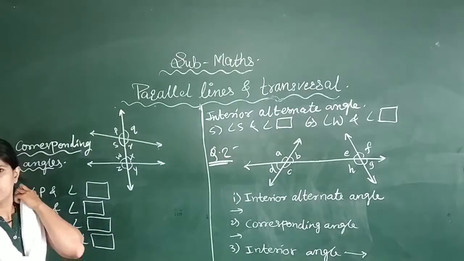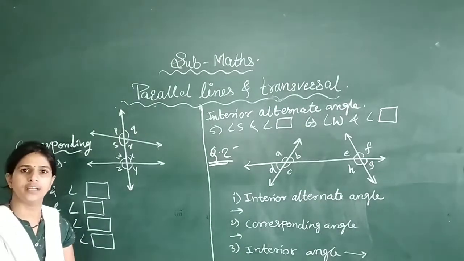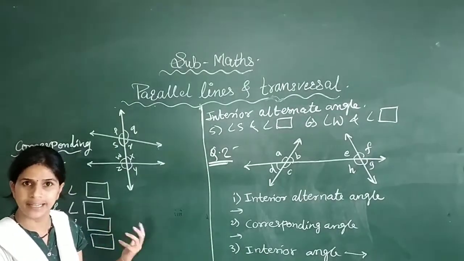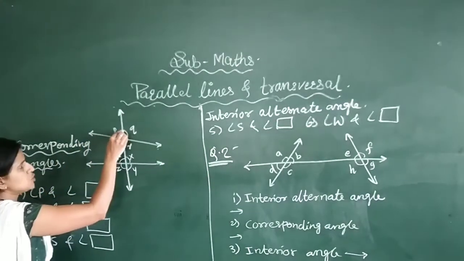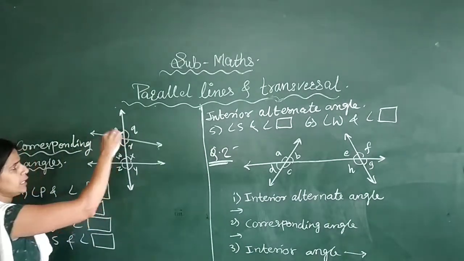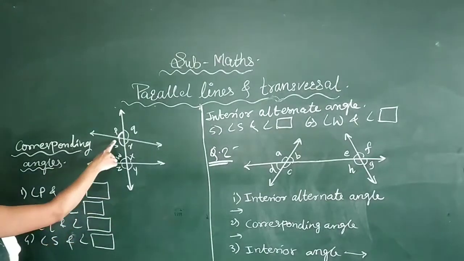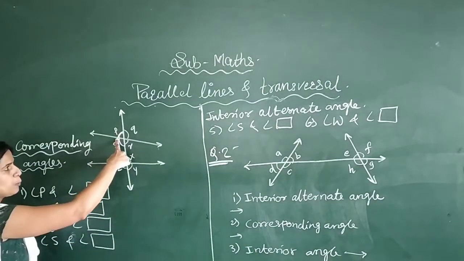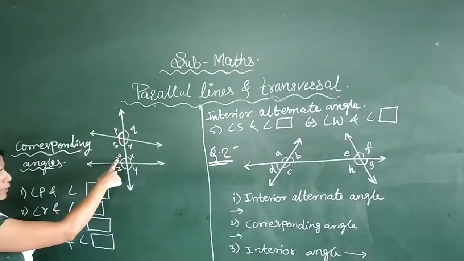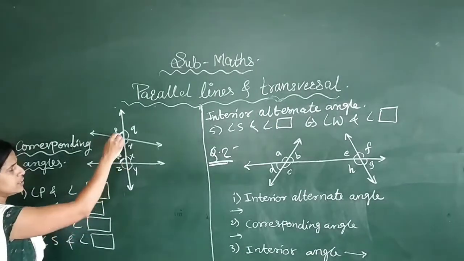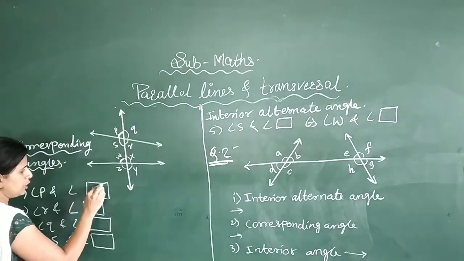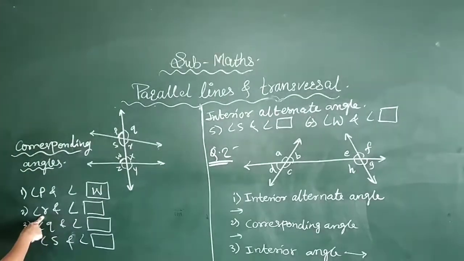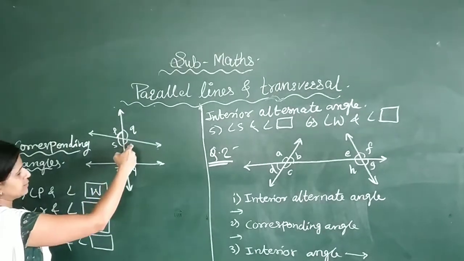Now, what do corresponding angles mean? The angles which are in the same plane and on the same side. Now, this is your angle P. Which is the corresponding angle to P? Yes, W, on the same side. So write down W. R. Where is your R?